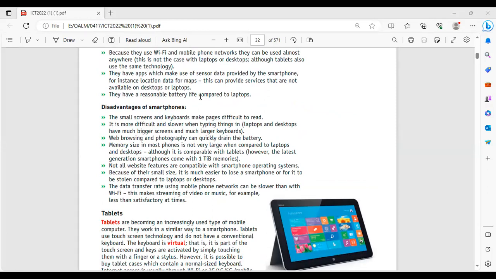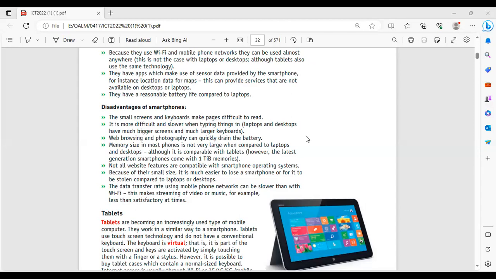Basically, the disadvantages of smartphones are that it's a very small screen, so you can barely read text, and it is more difficult and slower when typing things, and you can make many mistakes due to the small screen and misclicks. And web browsing and photography can drain the battery quickly, and the memory size of most phones is not large compared to laptops and computers.